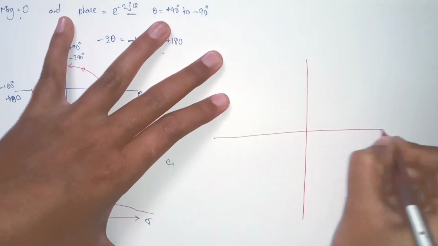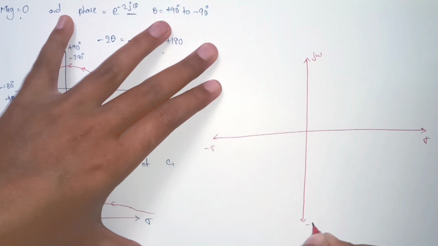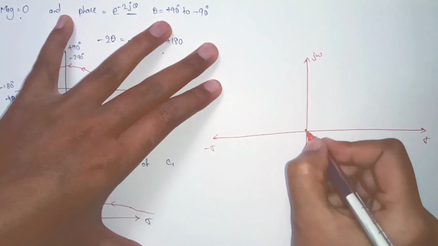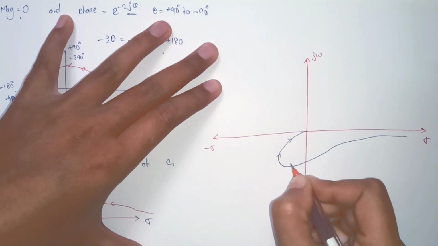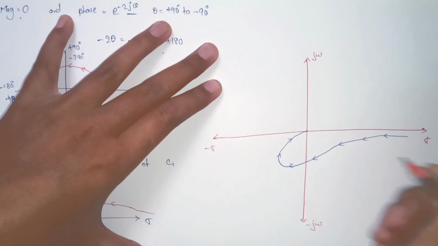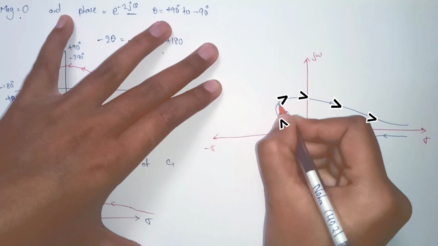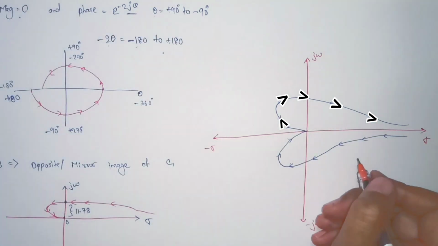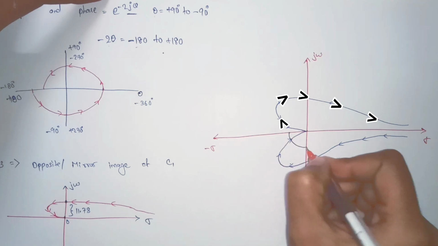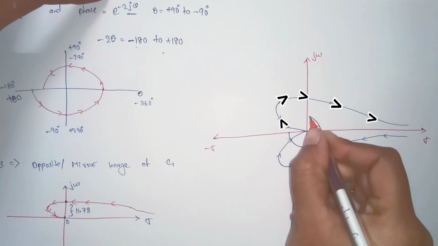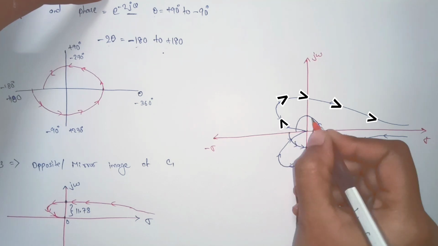So take an imaginary and real axis. So C1 is like this, it's coming into the origin from infinity. C2 is like this, and C3 is coming from minus 180 degree to minus 90, 0, then plus 90 and plus 180, and also draw the arrows.